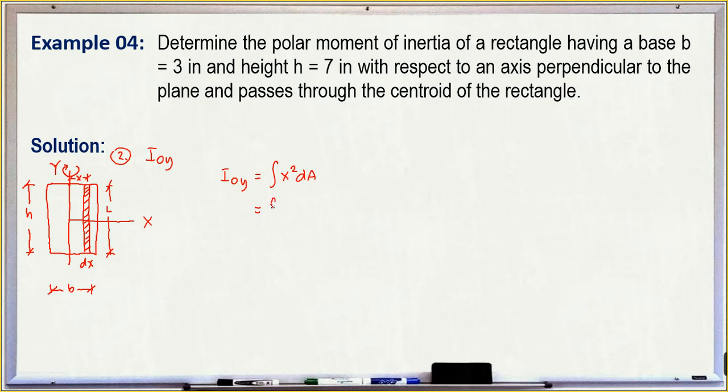So, that is x square dA. Now, our dA is equal to the length, no? The length times dx. But, no? Ang atong length sa atong rectangular strip is constant, and that is equal to the height of this rectangle. So, mahimo siya integral x squared h dx.